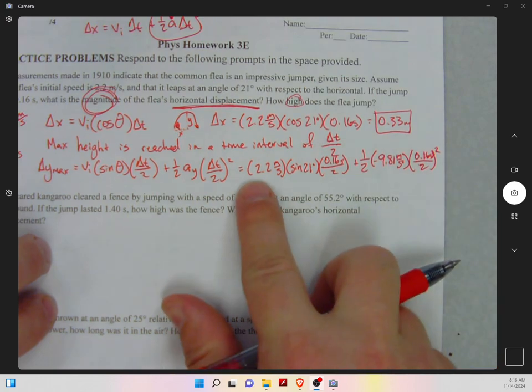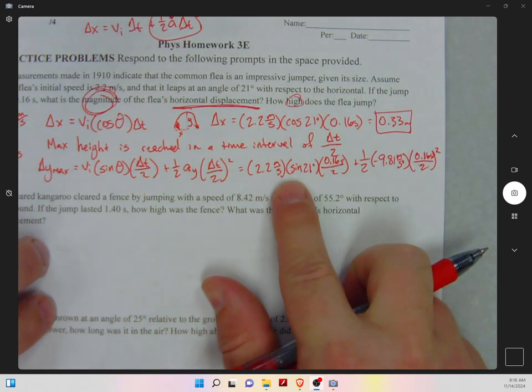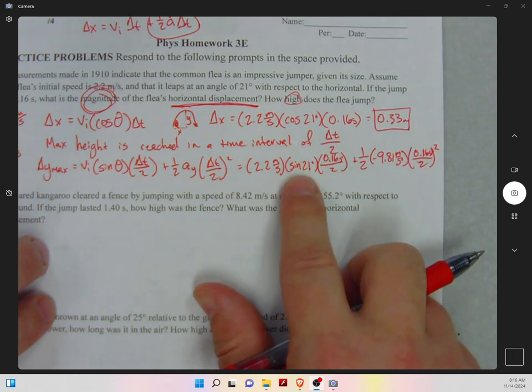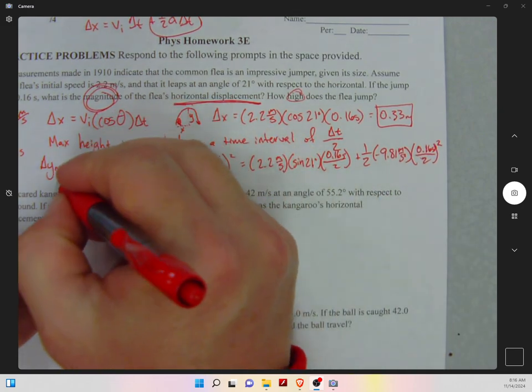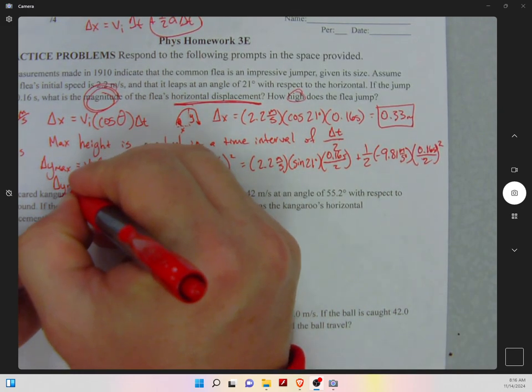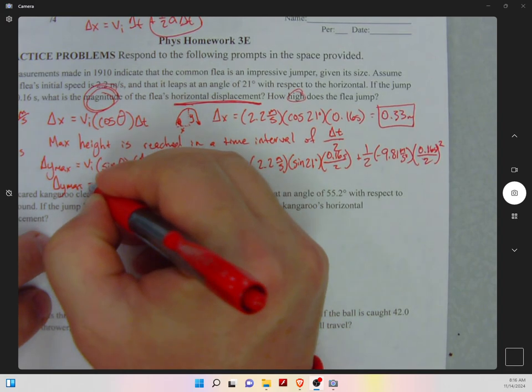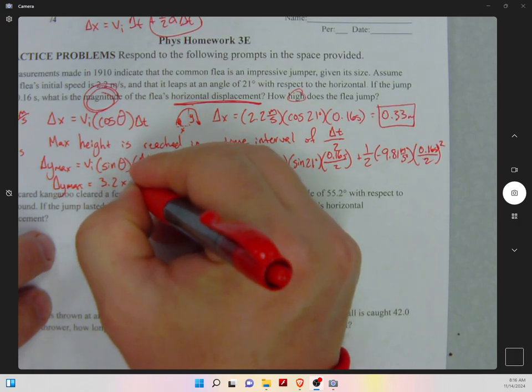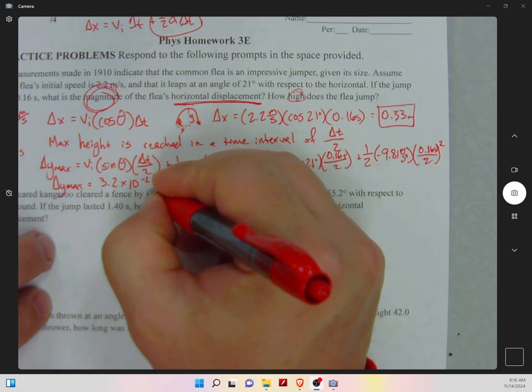Right now, this looks super scary, but all you have to do is plug this into your calculator. And if you plug this in as it looks, that y max is going to be 3.2 times 10 to the negative second meters.